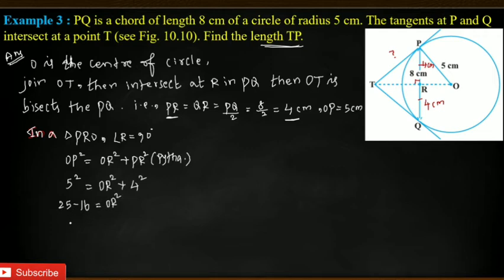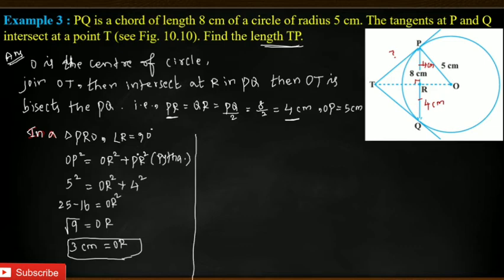When you subtract, I'm getting 9. The square goes to the opposite side as root, so I'm getting plus 3 centimeter, which is equal to OR. So OR is 3 centimeter.